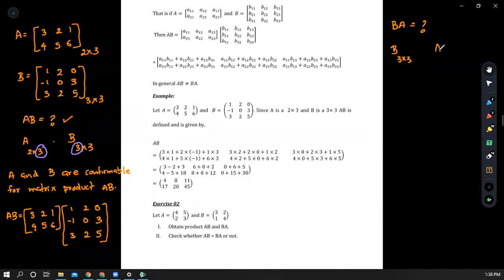And your second matrix is matrix A, a 2 by 3 matrix. Considering matrix multiplication, the number of columns in the first matrix and the number of rows in the second matrix do not match, so the condition is not satisfied. Therefore we can say that A and B are not conformable for matrix product BA.